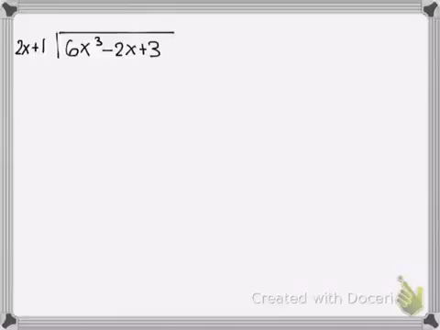I multiply 2x by 3x squared to get 6x cubed. So multiply by everything, I get 6x cubed plus 3x squared. Right, that's 3x squared times 2x plus 1.